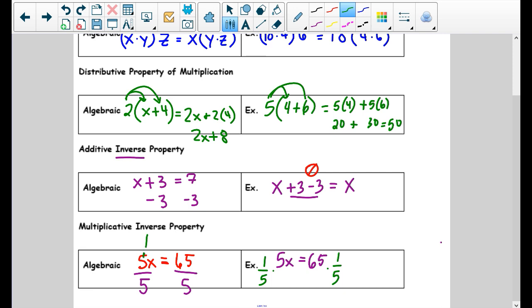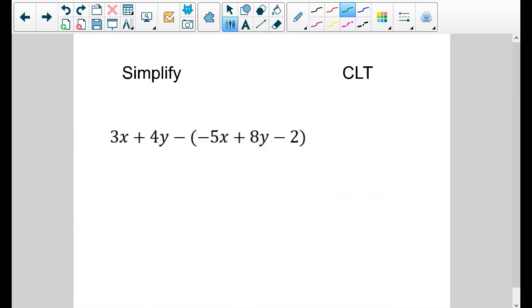So in this case, these equal 1. 1/5 times 5 is 1. So additive inverse equals 0. Multiplicative inverse equals 1. All the other ones are pretty much the same. This is the only one that changes between adding and multiplying in what the result is. But let's do this. You can add this down below.